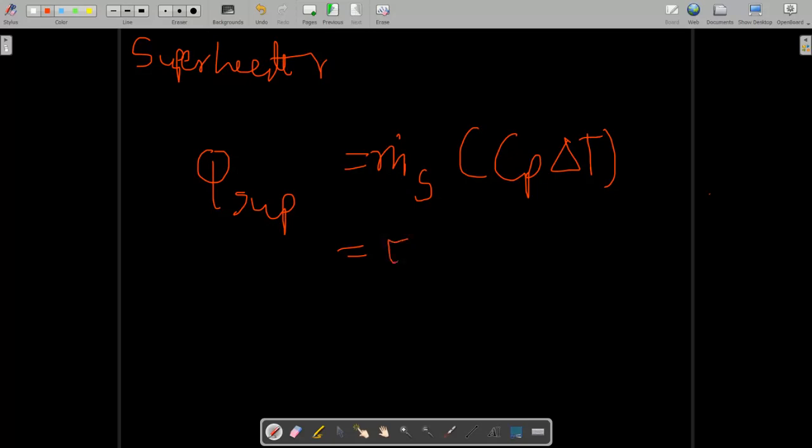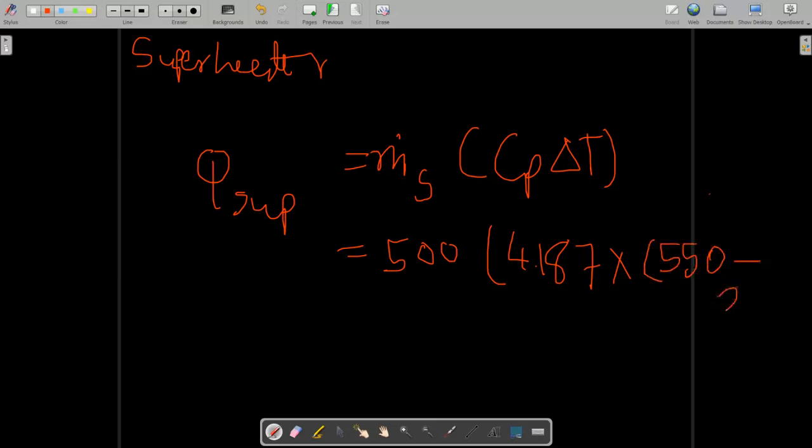Mass of steam is 500, no loss of water, and Cp is 4.187, because all this heating process is going at constant pressure. The temperature difference is 550 minus 324.24. When you solve this, the energy given in the superheater is 472.63 megajoule.